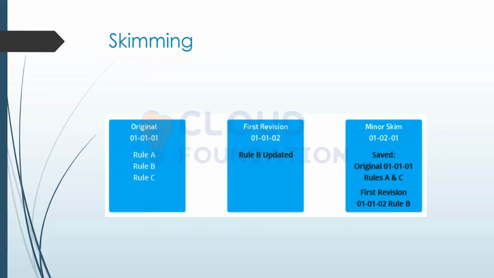I will only pick the highest version of that rule that is available. So skimming always means you're leaving behind the impurities. You're only considering the top layer, leaving behind all the unwanted versions. Right? So let's see how this is going to work.